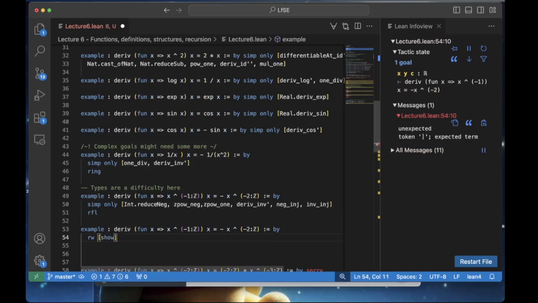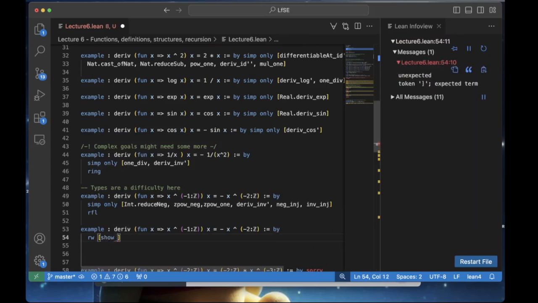I referred to in the slides that show is kind of like the have tactic, but it introduces a new premise in line.